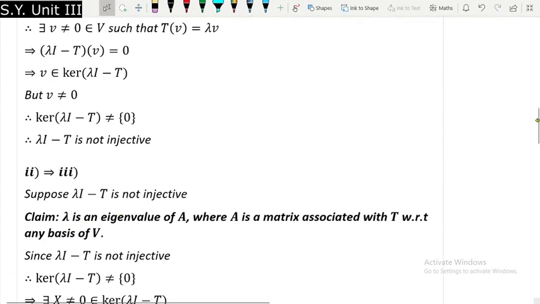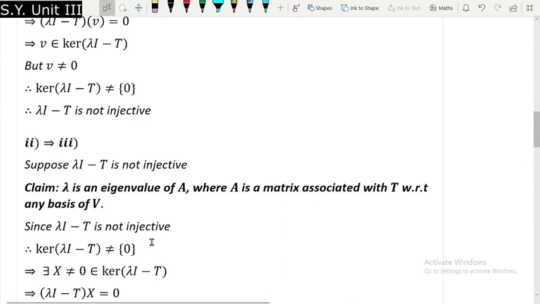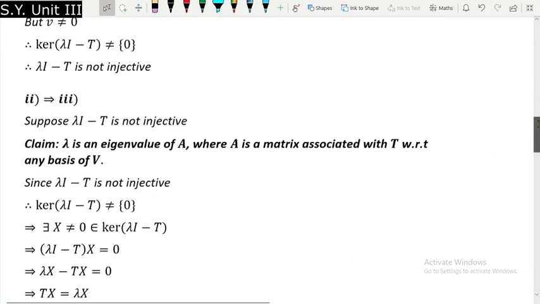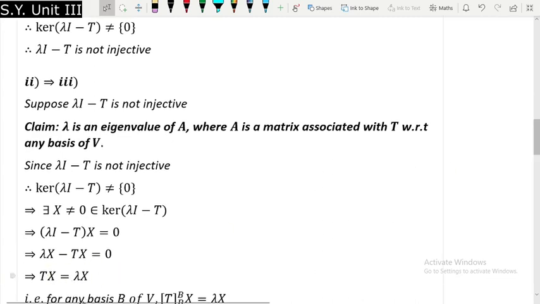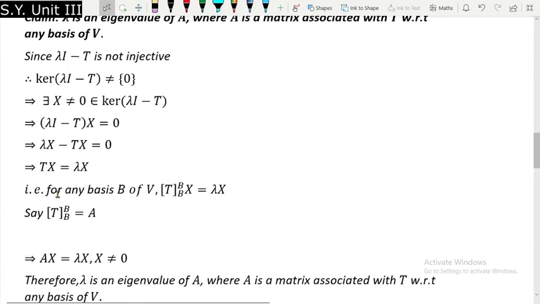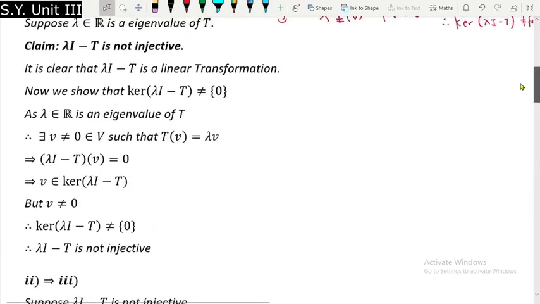So this kernel will be non-zero, so we will have some non-zero vector in the kernel, it will imply this by the definition of the kernel, then we will have T of x equal to lambda x, and therefore for any basis this is going to be satisfied, and I am going to call it A, and this will happen since x is non-zero. So therefore lambda will be an eigenvalue of A, where A is a matrix associated with T with respect to any basis of V.